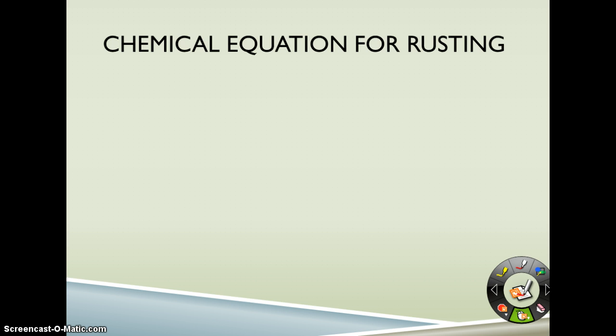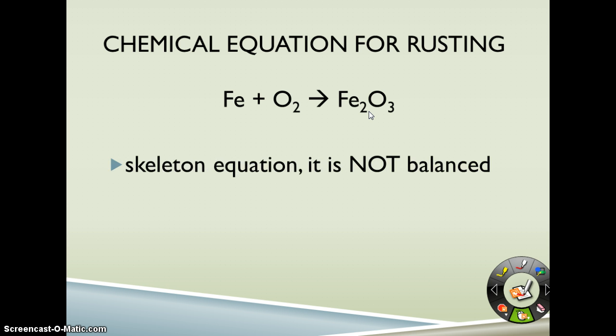So if we look at the chemical equation for rusting, we get iron plus oxygen gas yields iron 3 oxide. If you notice, this equation is not balanced. If we count our atoms, think of this arrow here as an equal sign.